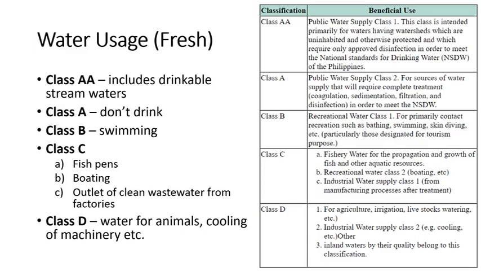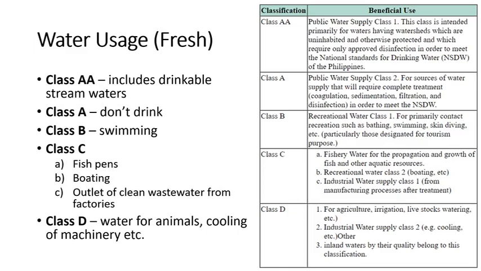So for water usage, Class A fresh water is essentially a body of water that is really, really clean and inhabited, and this includes most of the drinkable and swimmable waters.